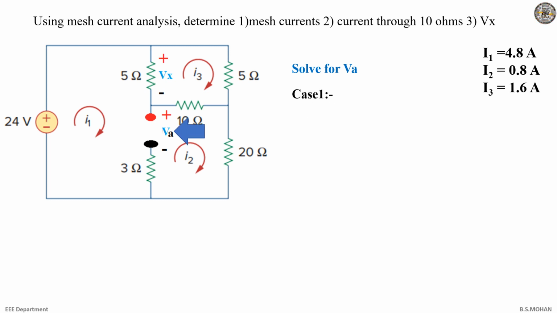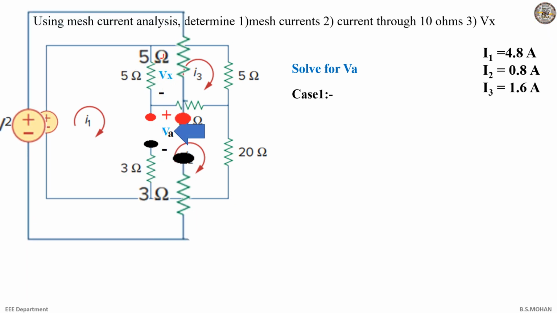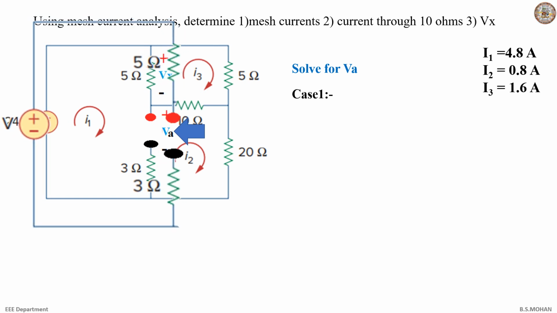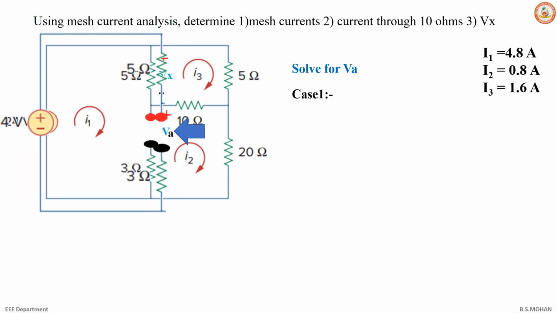Case 1. When I see through this window, what elements do I see? Just assume that you're opening a door and you want to enter. After entering, what active and passive elements do you see in the direction of the arrow that is pointed? You would see these elements: 24 being active and the other two passive, 5 and 3.